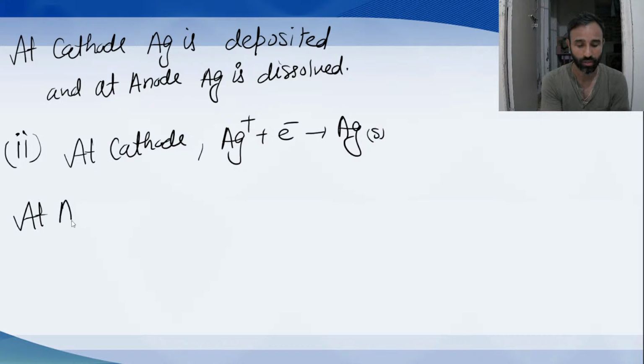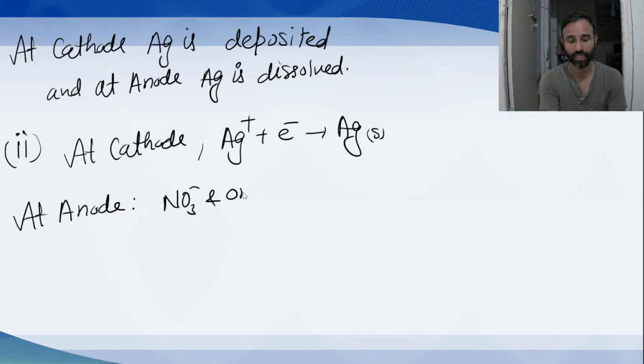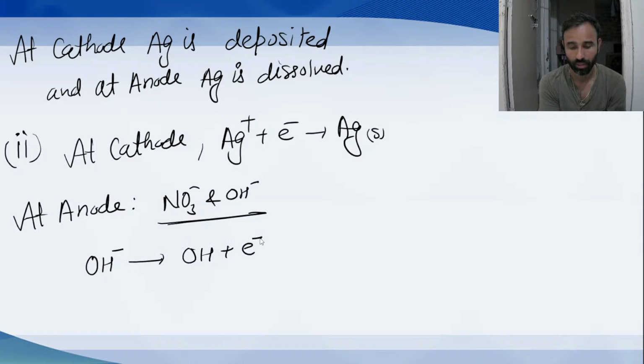At anode, there are nitrate and OH negative ion. Out of nitrate and OH negative, discharge potential of OH negative is less than nitrate. So OH negative ion gives OH and then OH gives H2O, O2.